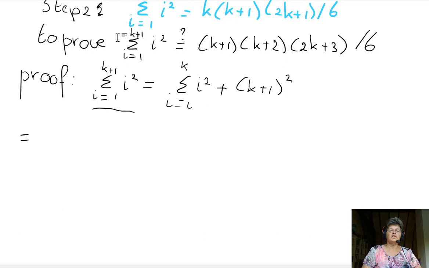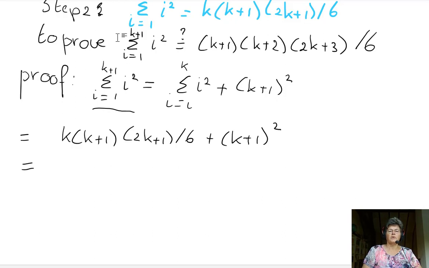Use the assumption. So now we can say that is k times (k plus 1) times (2k plus 1) divided by 6, plus that one left out element, (k plus 1) square. We have a divided by 6 on the left part. Let's make it similar.